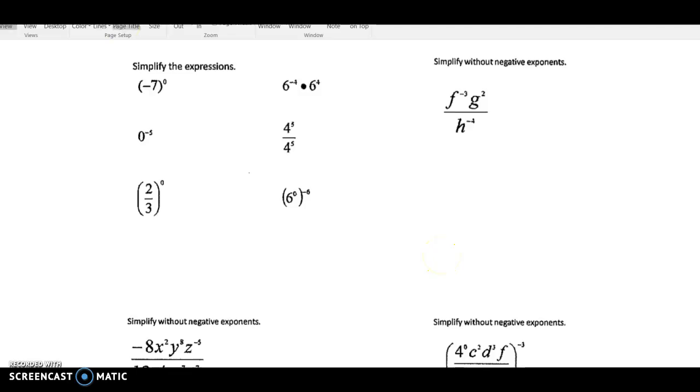So, we're going to look at some examples. If I look here, what is it? Negative 7 to the 0 power. 1. Here, if you think about it, when I do this, I add the exponents. Negative 4 plus 4 is 0. Now, 6 to the 0 power is 1. Now, this base is 0. And remember, 0 raised to a power is just 0.